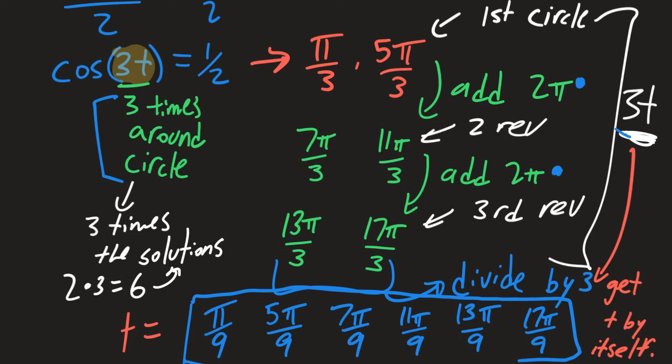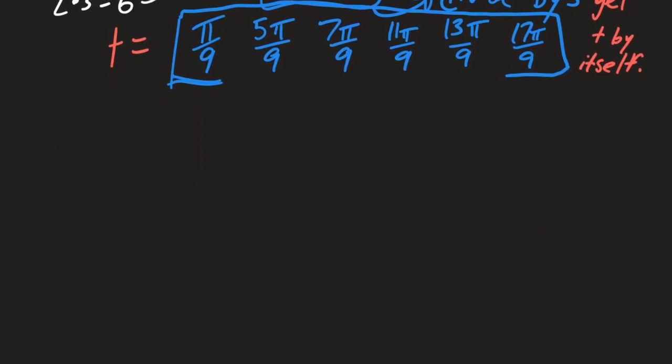Now, here's kind of an interesting thought. What if we were solving this and we didn't have an interval? Let's see what it would be like if we didn't have an interval. Same kind of thought process.